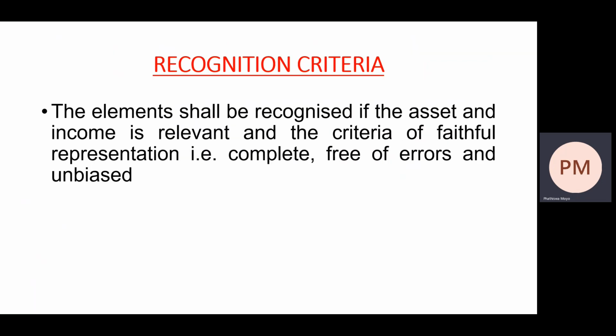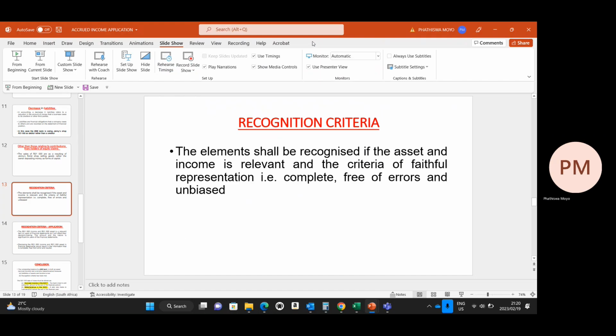Moving to the recognition criteria, the elements shall be recognized if the asset and income are relevant and the criteria of faithful representation, such as completeness, free of errors, and unbiased, is met.